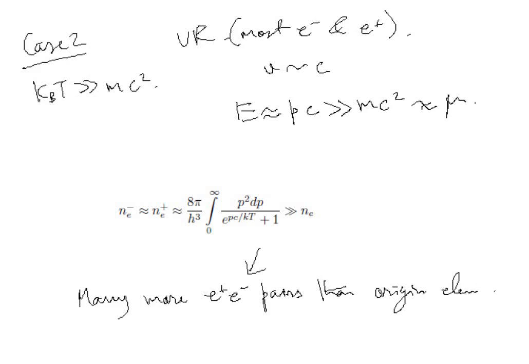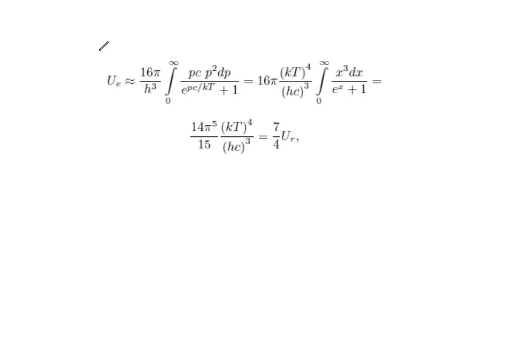Now the energy density due to all these pairs, let us calculate this, and you will see that the result is quite surprising. So this is the energy density due to all pairs.